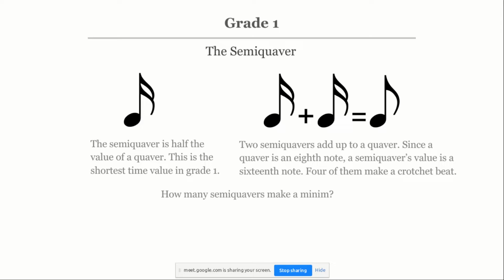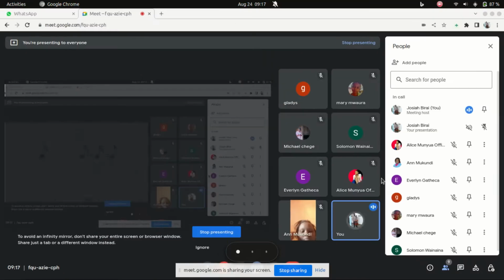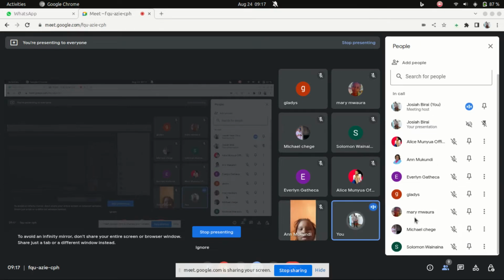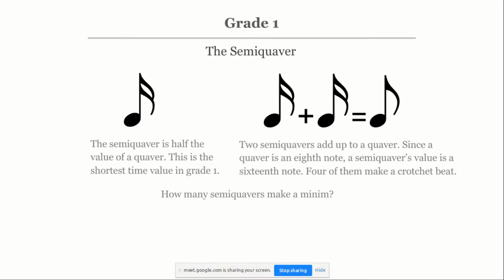So let me ask this question now that you have understood. Mary, kindly tell me how many semiquavers will make a minim? Can you do that calculation?